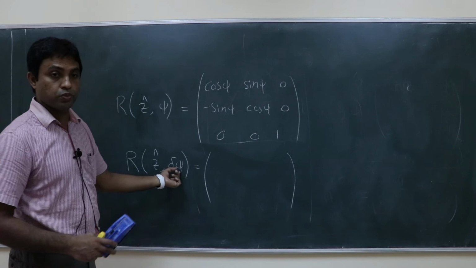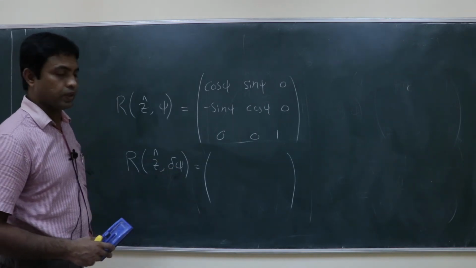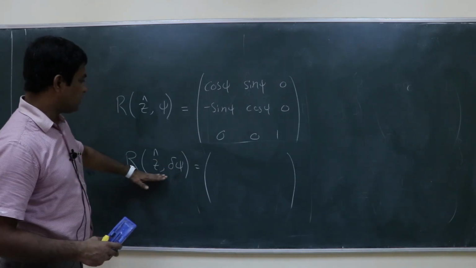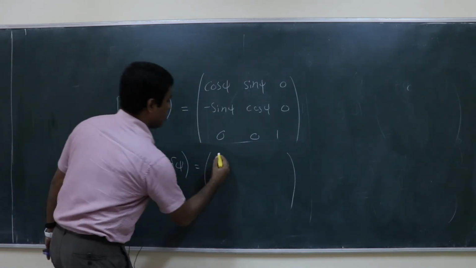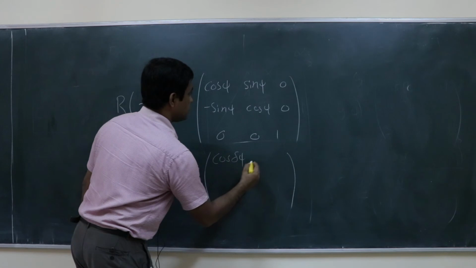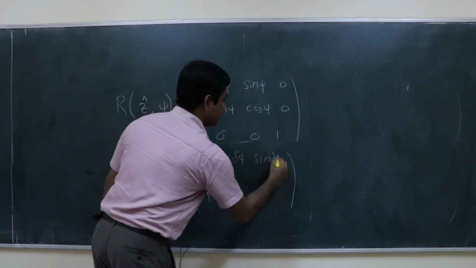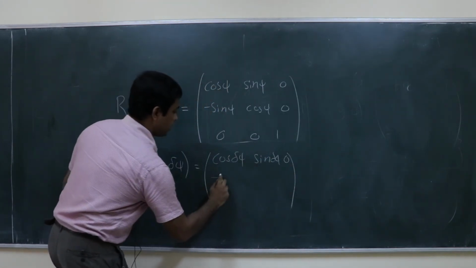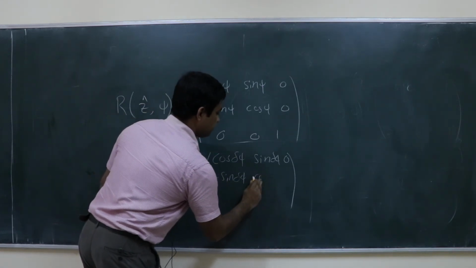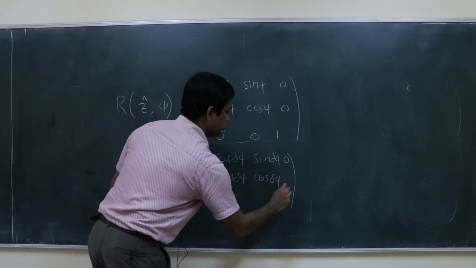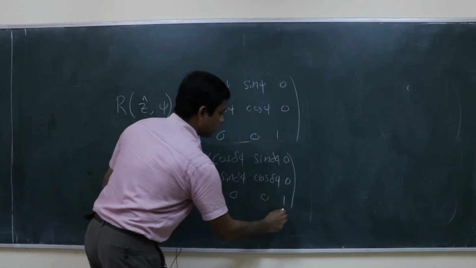Delta psi is very, very small, delta psi tends to 0. So what is this quantity equal to? Obviously this is cos delta psi, sin delta psi, 0, minus sin delta psi, cos delta psi, 0, 0, 0, 1.